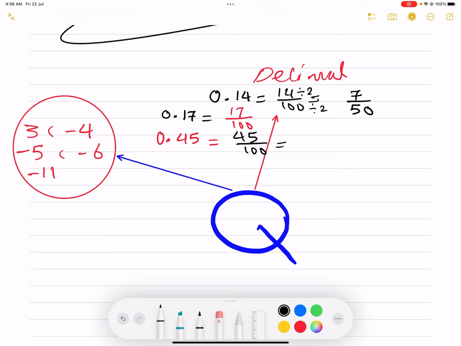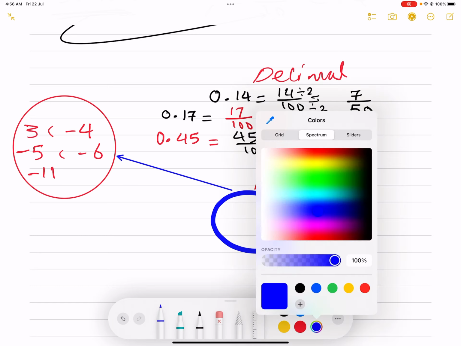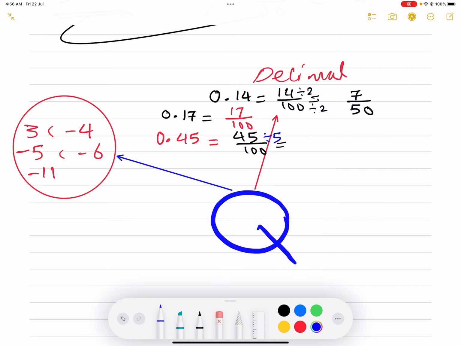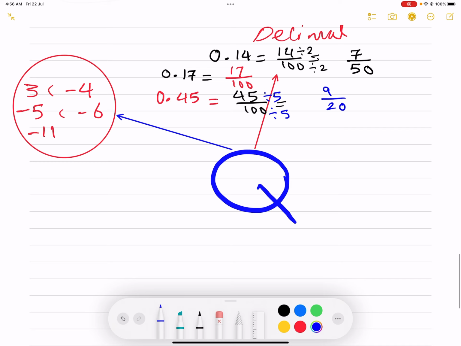So you can simplify it. If you divide both by 5, you will get 9 out of 20, and you can use your calculator to end up with 9 out of 20.